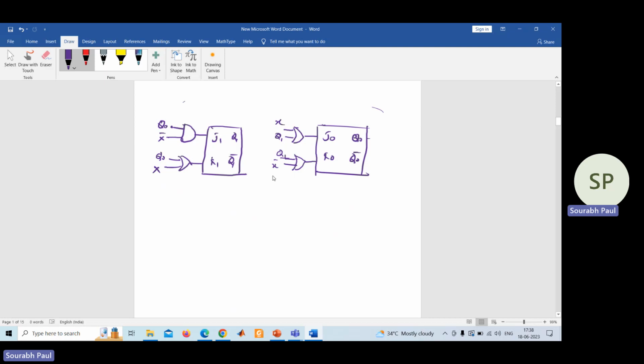Then after that, finally Z. Z is the output variable, that is Q1 Q0 X. So you can take one line from here, Q1, Q0, and you can take one input X, and you can use one AND gate.